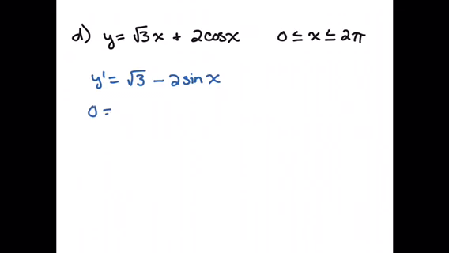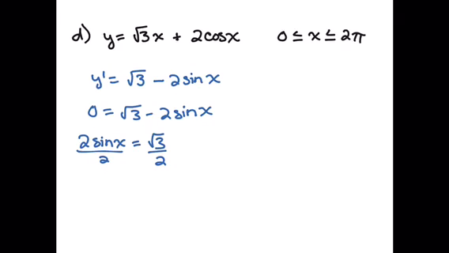So if I set that equal to 0, that will allow me to solve for the x values that give a horizontal tangent line. Add 2 sine x to both sides, and I'm going to divide by 2. I get sine x equals the square root of 3 over 2.